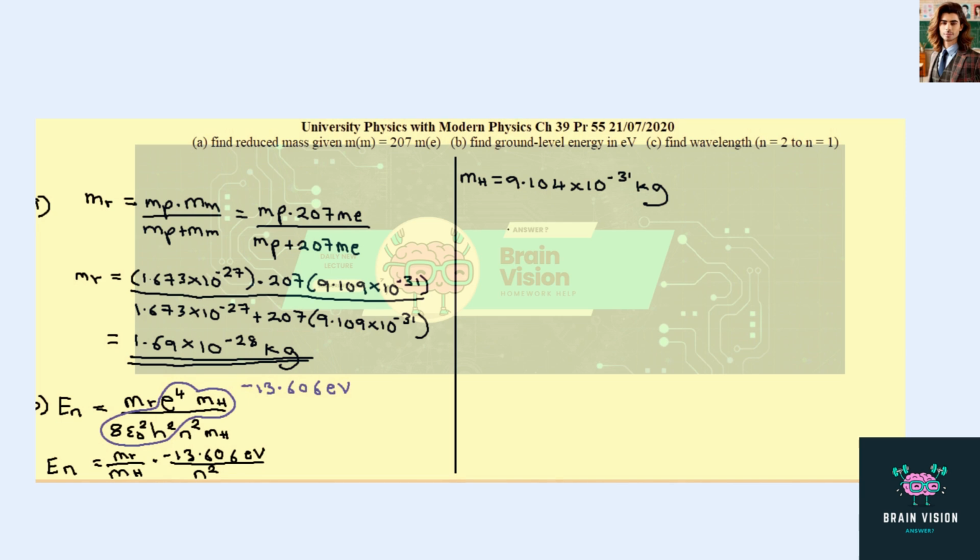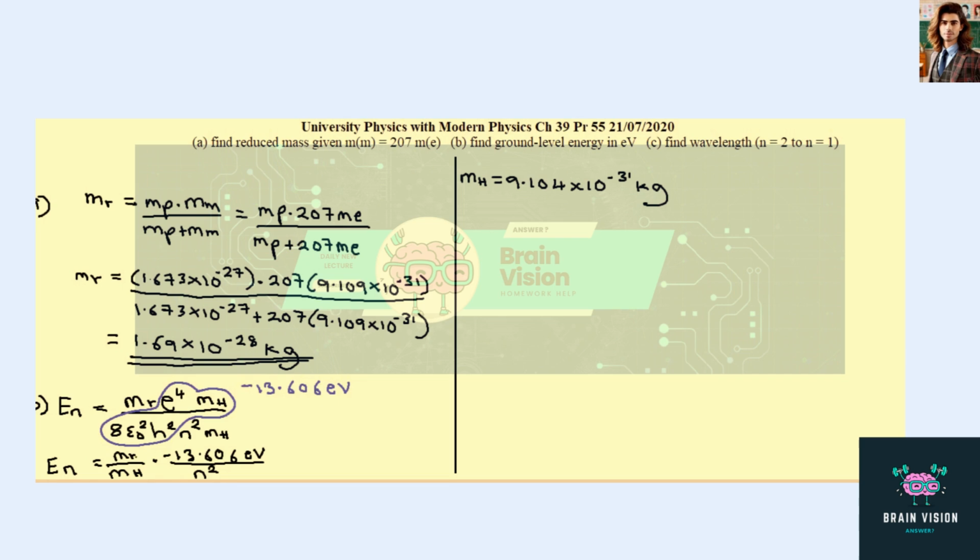So, for instance, taking the hydrogen atom, the proton is more than 1,000 times more massive than the electron, and so that approximation works. But taking the muon, the proton is only about 10 times more massive than the muon, and so that approximation will not work quite well. And so we might just as well calculate the actual reduced mass and use it in our calculations.